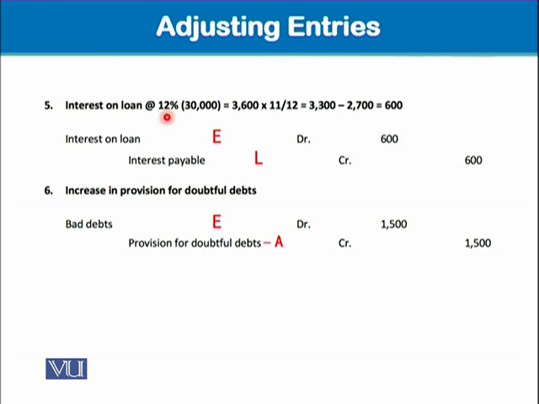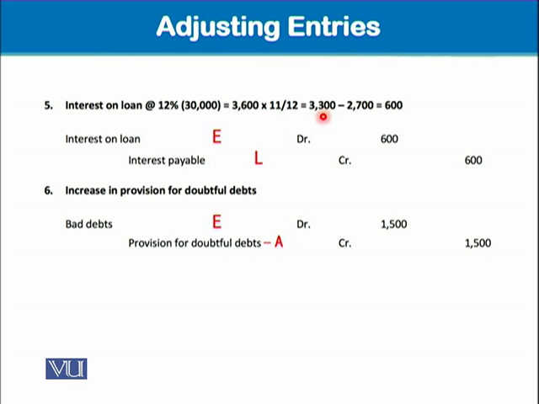Per annum means for 1 year. So 30,000 multiplied by 12% gives us 3,600 amount of interest, which is for complete 12 months. Whereas in this year, the interest on loan we are obliged to pay, which is our obligation, is equal to 11 months.